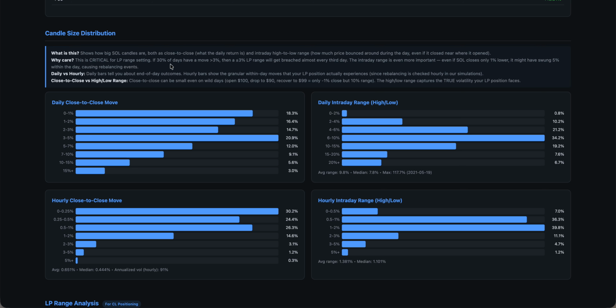If 30% of days have a move of more than 3%, then a plus or minus 3% LP range will get breached almost every third day. This is important because each time you rebalance, you are locking in whatever impermanent loss you have, and then you are rebalancing the pool. There are multiple strategies, as you know, for our DeFi house, etc., to do it as safely as possible.